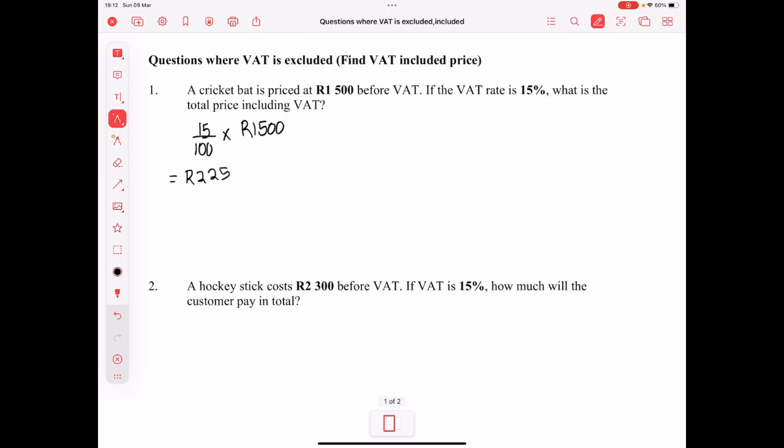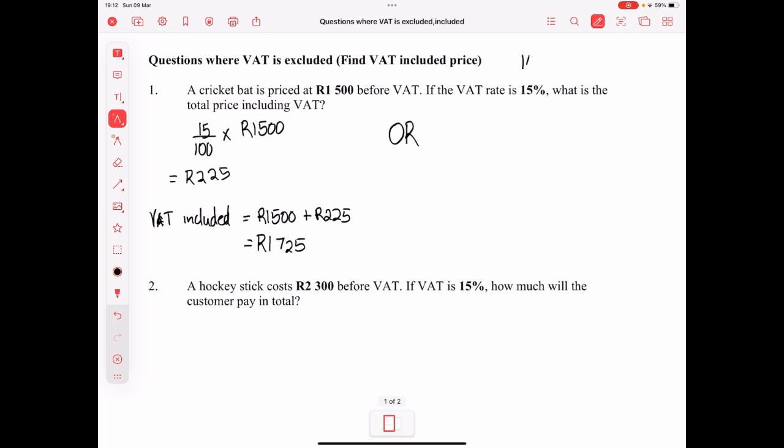And then you're going to go with VAT included. It will be 1,500 plus the 225 Rand, which will give you 1,725 Rand.